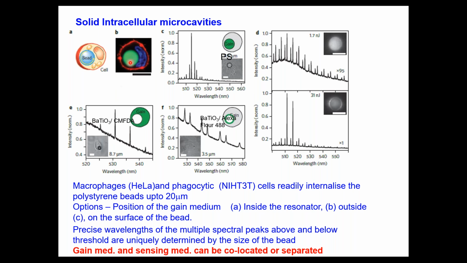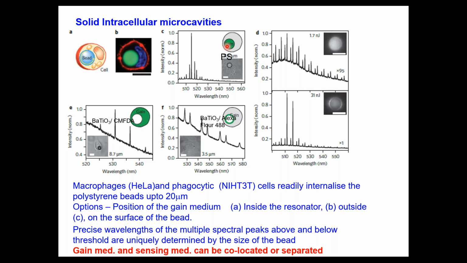Similarly, these are polystyrene beads, that is polymer beads, plastic beads. This is a plastic bead with a coating over it, and this is just a plastic bead which is injected into some kind of biological cell also, and the outside medium of the bead contains the gain medium.